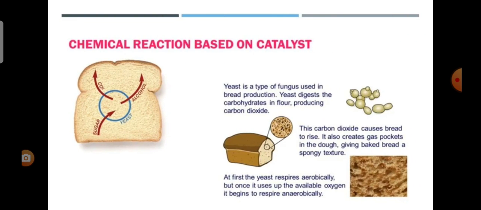The next one is chemical reaction based on catalyst. Have you ever questioned why the idli batter prepared by your mother turns into a sour taste after a few hours? The answer for this question is fermentation.